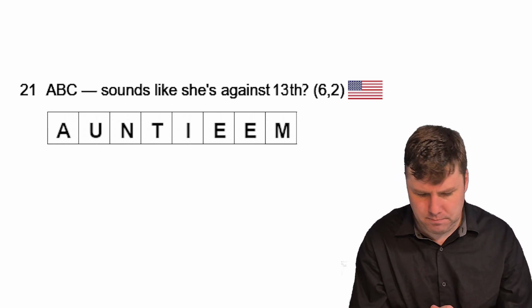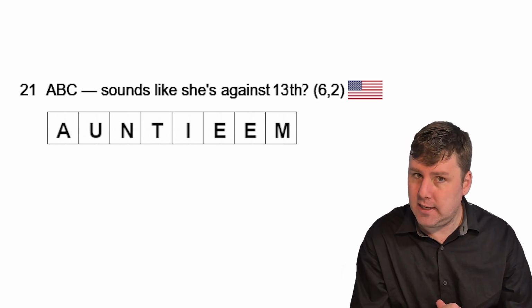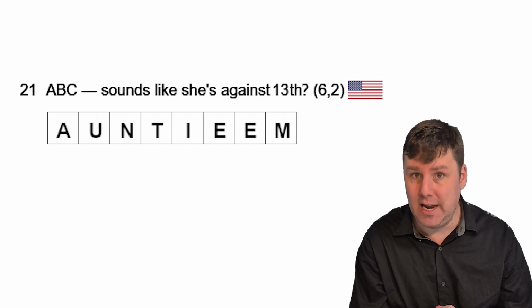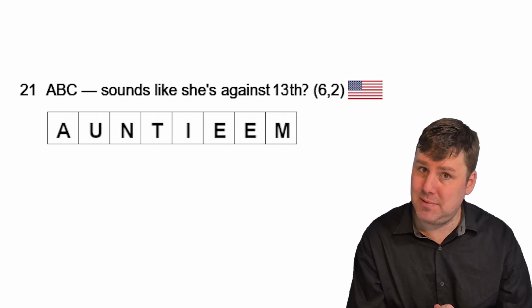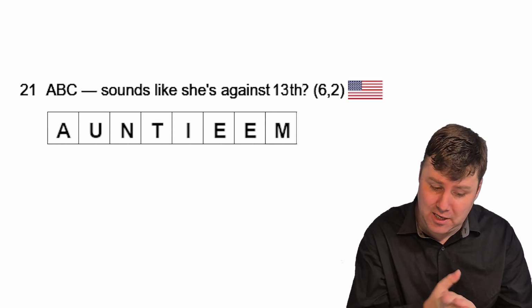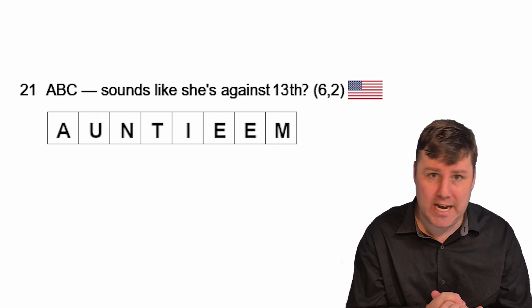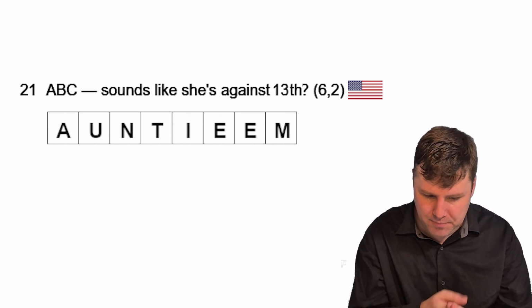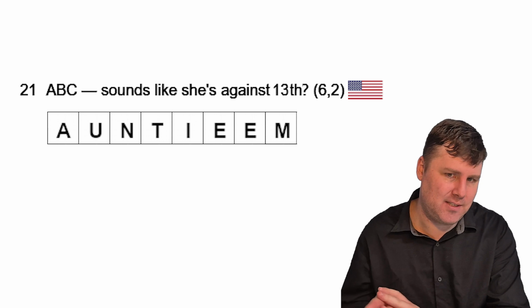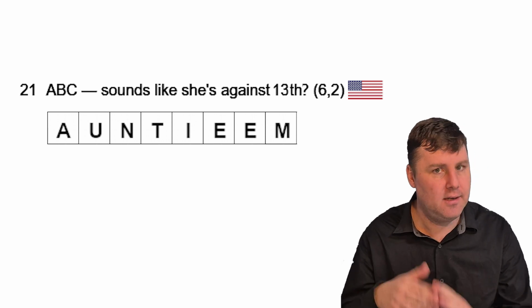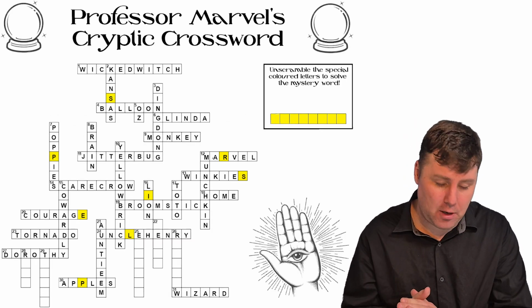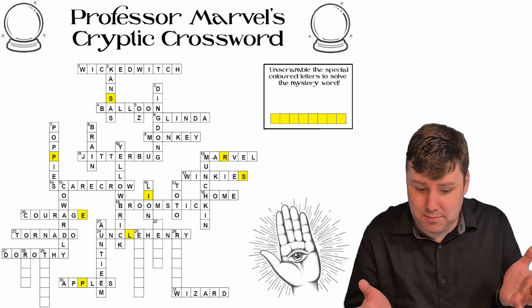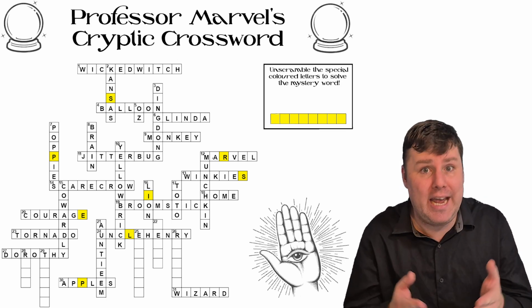A hyphen, a dash. Yeah, that's an M dash, not an N dash, an M dash. So the start of the clue, ABC, M dash, Auntie M, sounds like she's against 13th, American flag, Anti-M. So I thought that was clever. I don't know how else you're supposed to do this clue, but there you are, Anti-M.